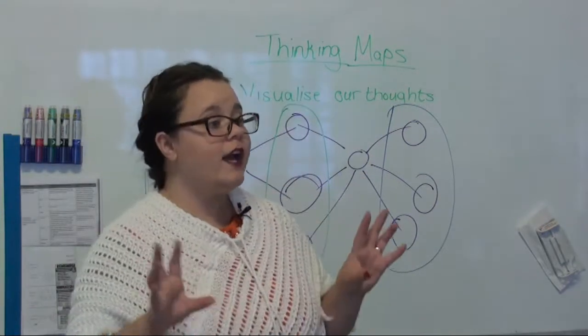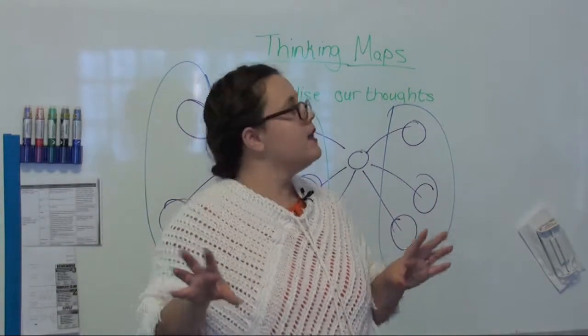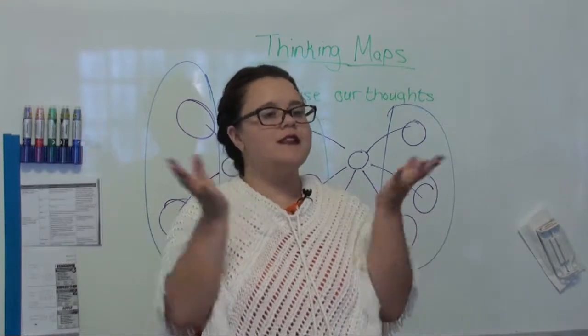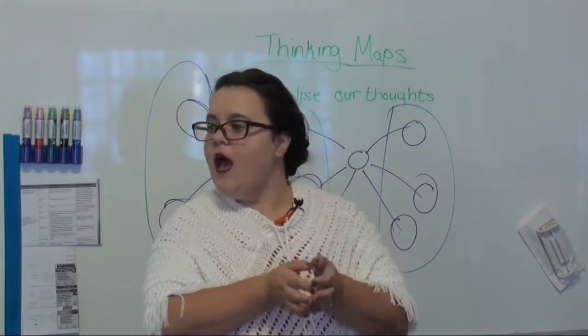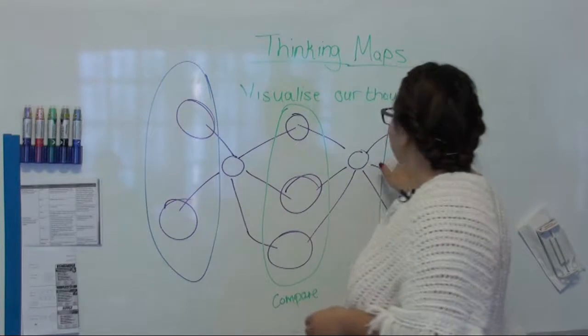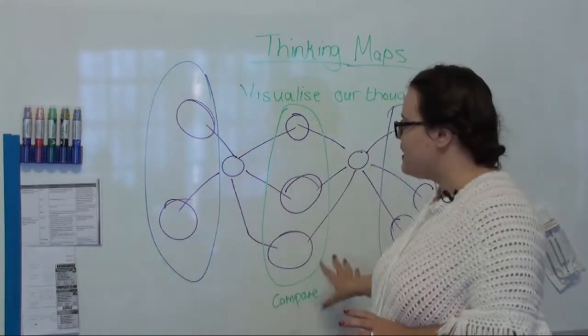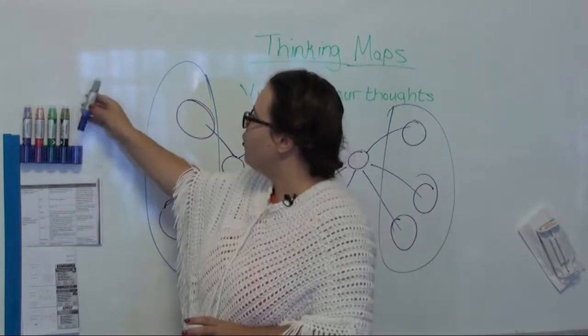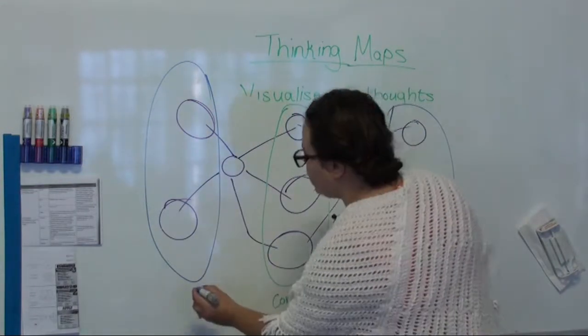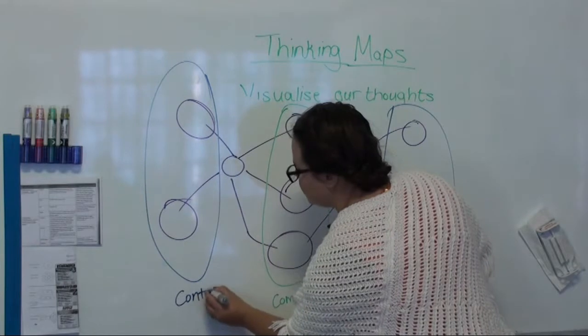So you could look at two different habitats and say, okay, in what ways are these habitats the same? And in what ways are they completely different from each other? So this is a fantastic thinking map when you are comparing and when you are contrasting.